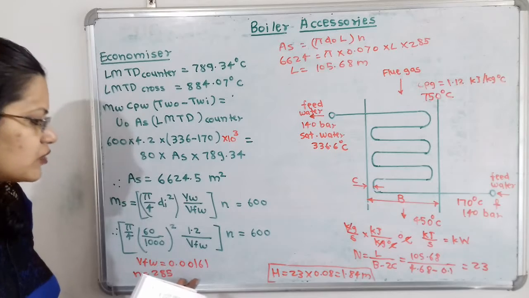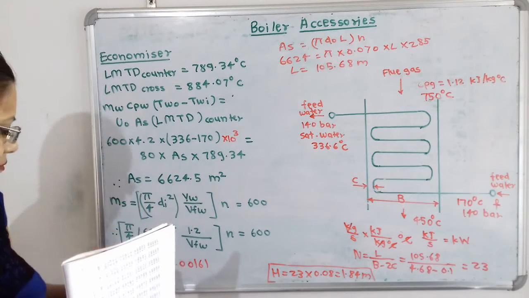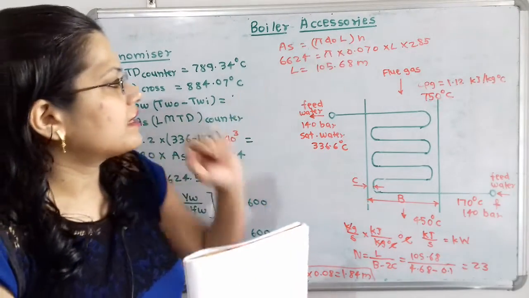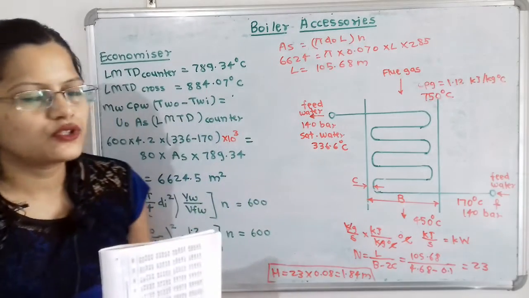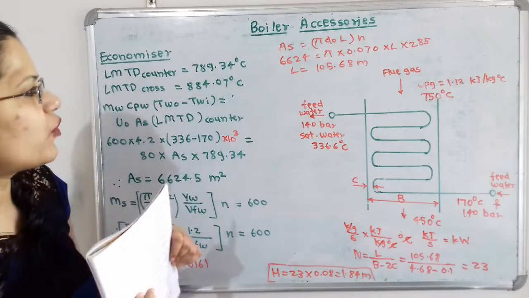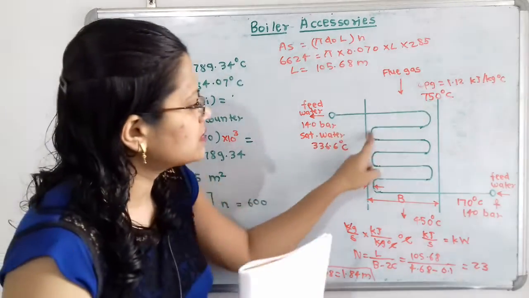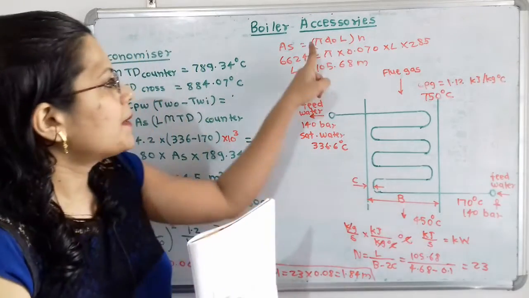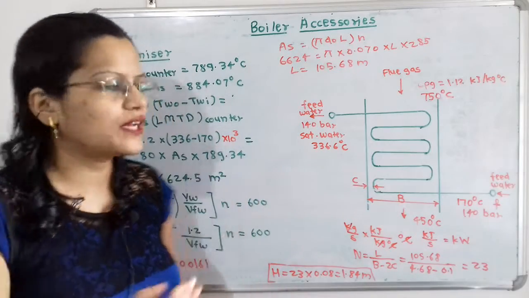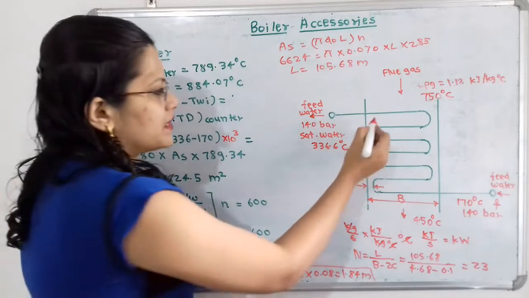Now when we calculate this, we will move to calculate the L, that is the length of the tube. So how to calculate its length? So for that we have one formula, that is AS is equal to, so AS, that is the total surface area of these tubes, which is equal to pi DO L. So what is this pi DO L? That is this total perimeter, that is pi multiplied by DO.